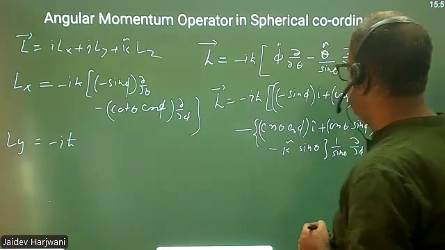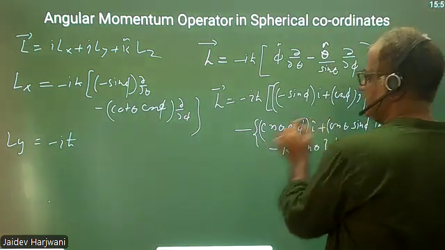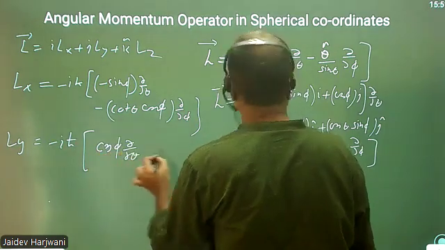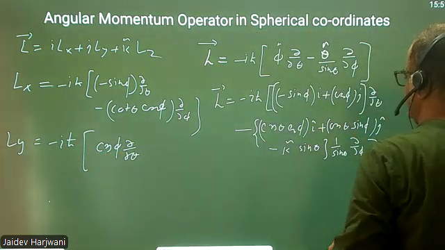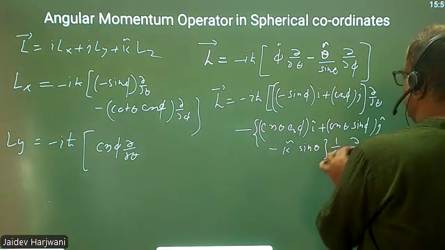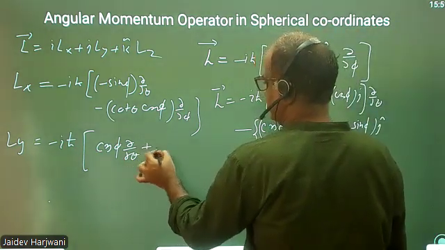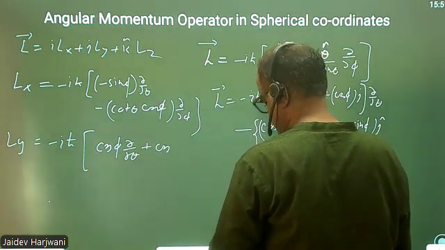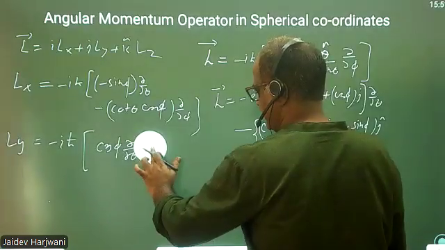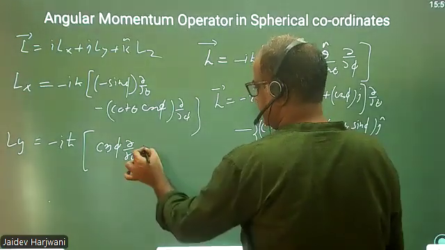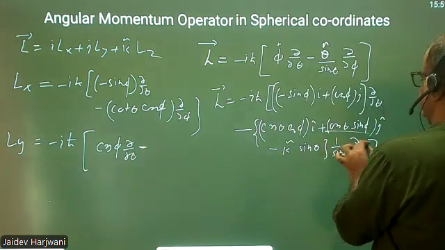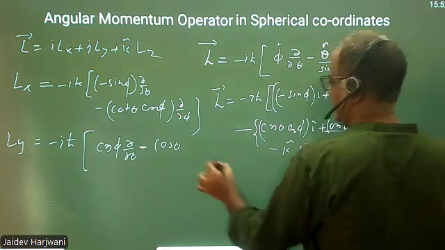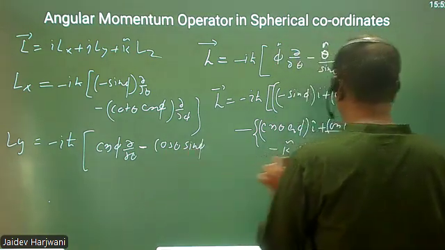Similarly, you can write Ly as minus iota h cut. Instead of sin phi, now you have cos phi del upon del theta here, and now you have cos theta, minus, this term cos theta sin phi divided by sin theta.